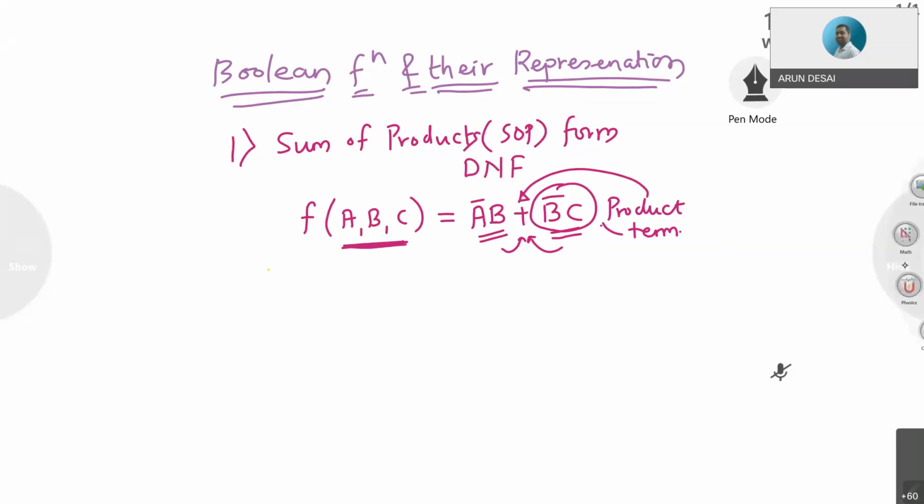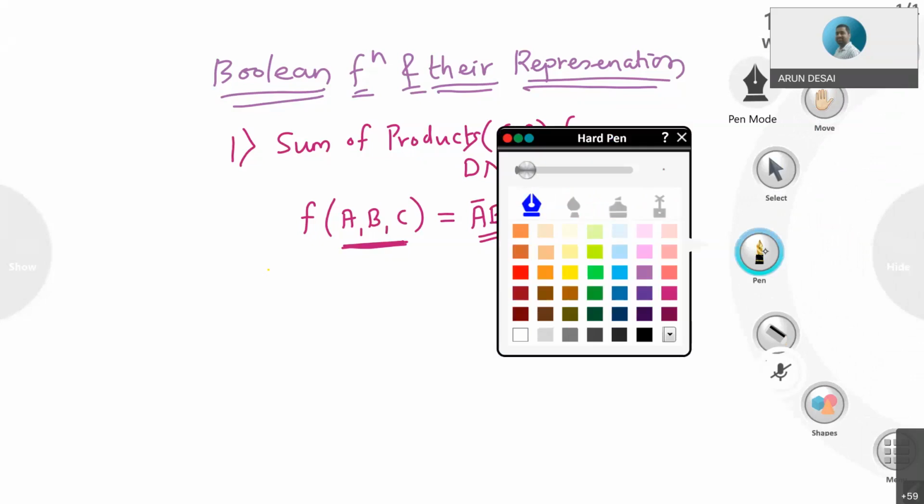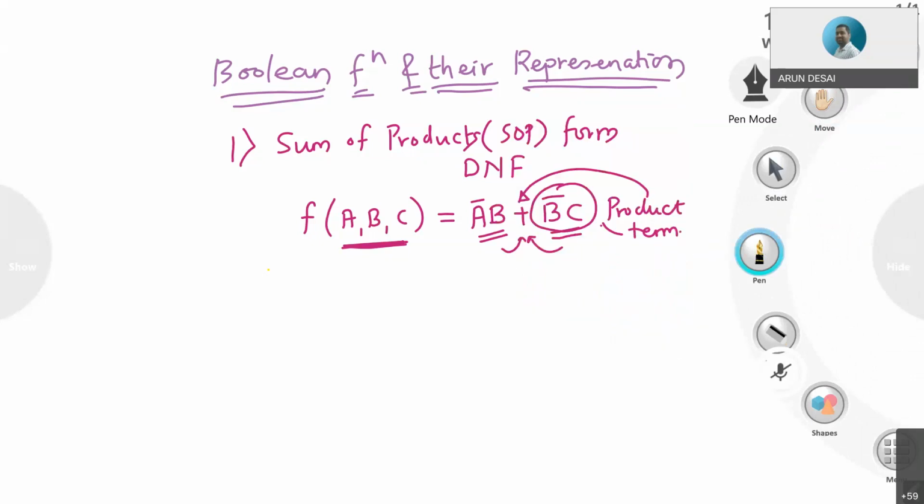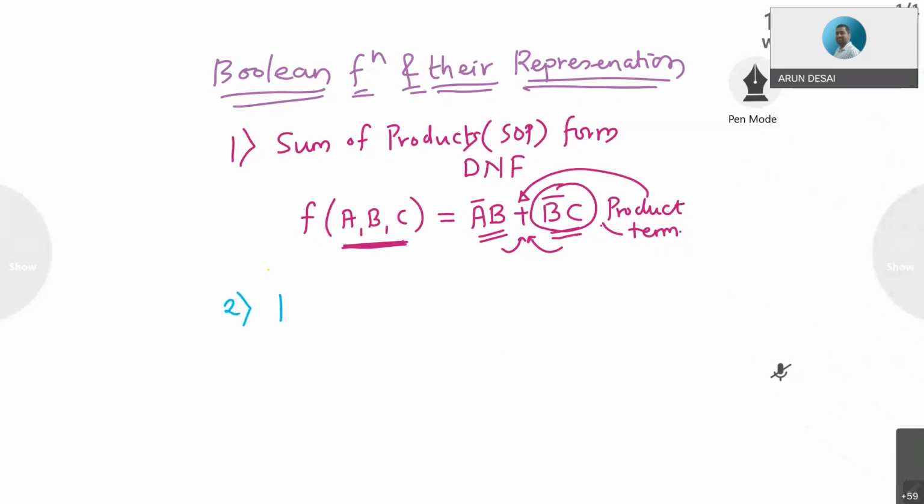Next is product of sums, POS form. What is the difference here?